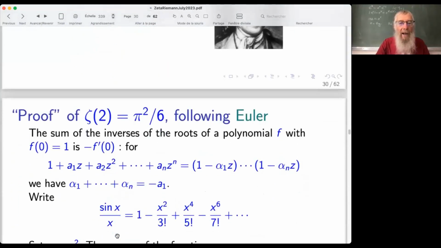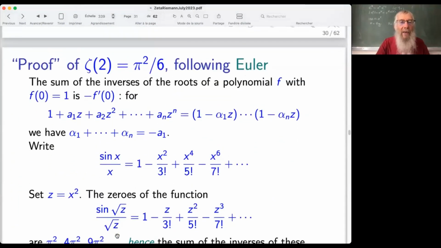The sketch of proof of Euler is the following. If you take a polynomial f with f(0) equal to 1, you write 1 plus a1 z plus a2 z squared, up to an z to the n.